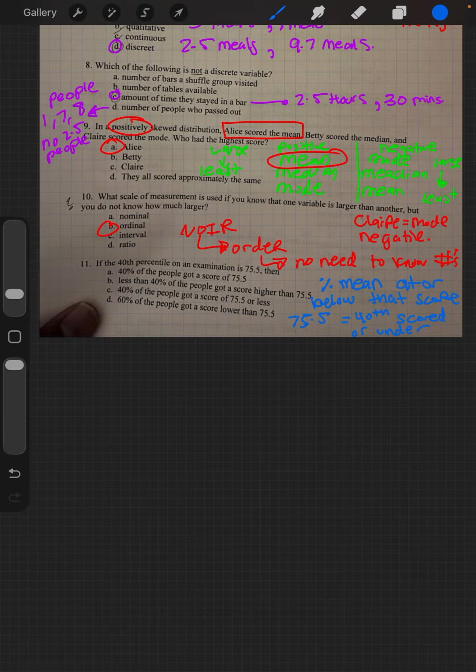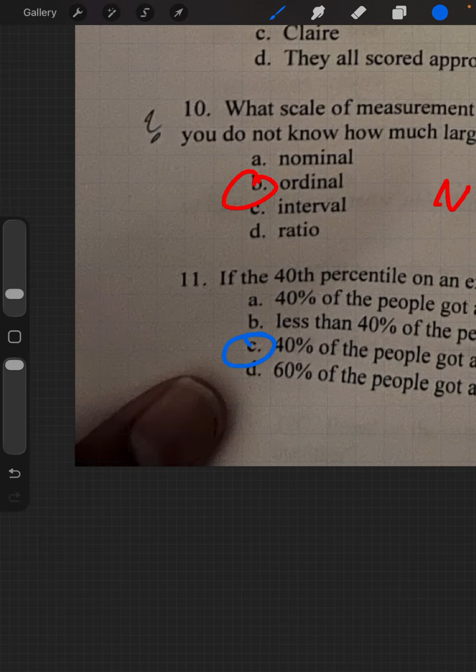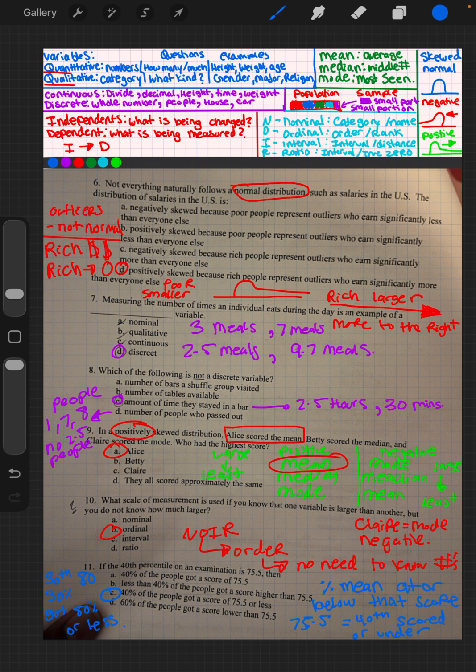So it's right here. If the 30th percentile is 80, that means only 30% of the people there got 80% or less. Okay.